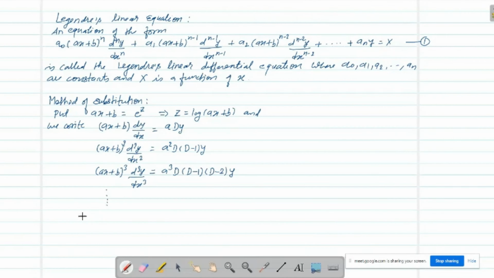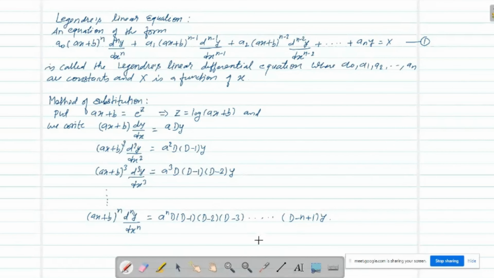In general, you will get the general term (ax plus b) raised to n, d raised to n y by dx raised to n, equal to a raised to n D(D minus 1)(D minus 2)(D minus 3) and so on, in the last term D minus n plus 1, y.